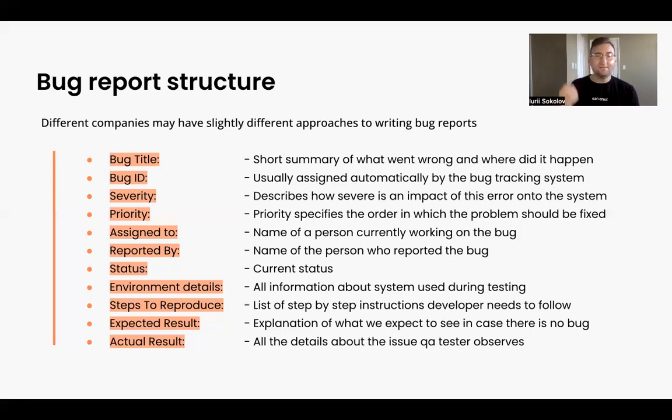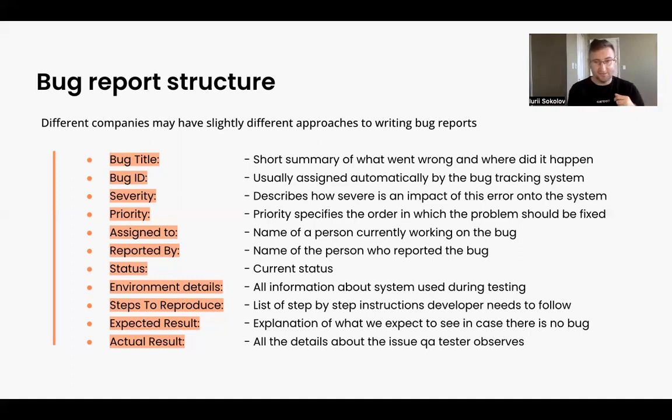Okay. Environment details. So, all information about the system that was used during the testing or during creation of that ticket. For example, if you find a bug on mobile devices, you test it with Android 10, and for example, the application crashes.